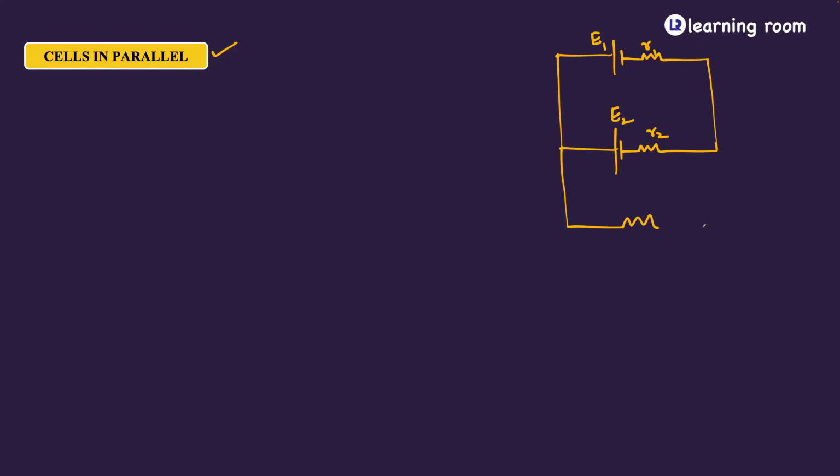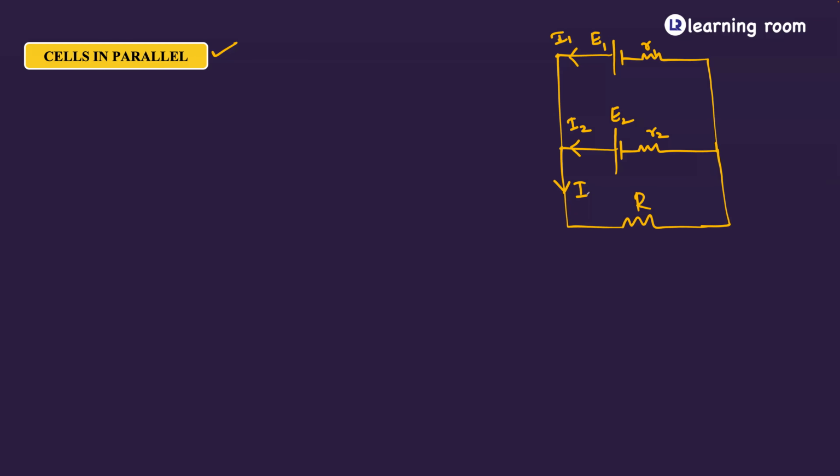If I take the external resistance here as capital R, then this is going to supply current I1, this is going to supply current I2, right? And let's say that the net current here is going to be I. That capital R is connected only for us to understand that they are in parallel.